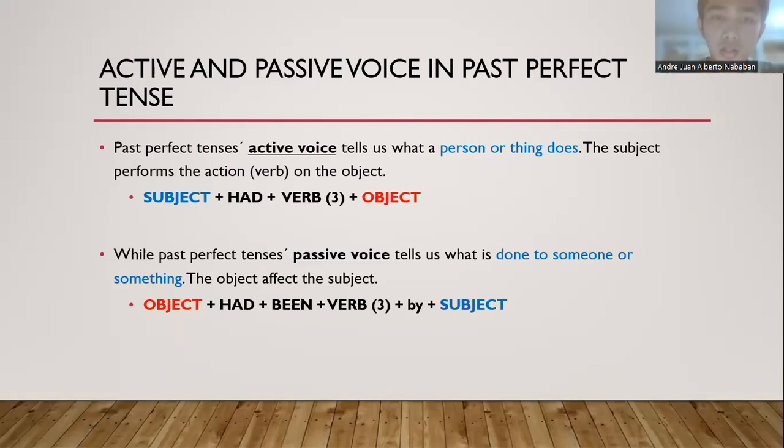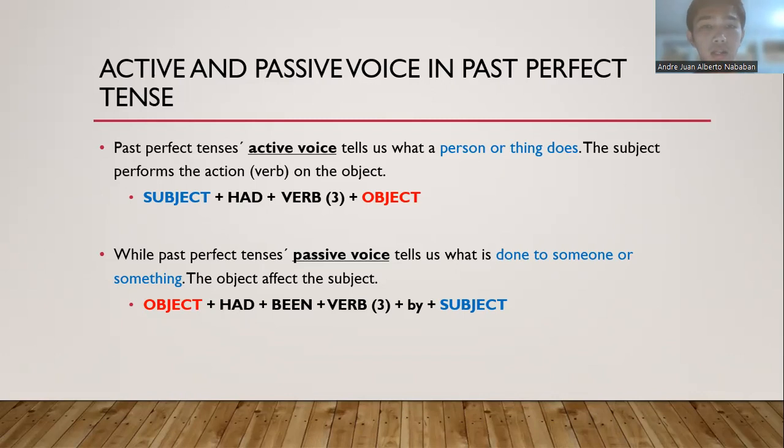If we learn about active and passive voice, we should differentiate them. We should know what active means here, and what passive means, active voice and passive voice in past perfect tense.